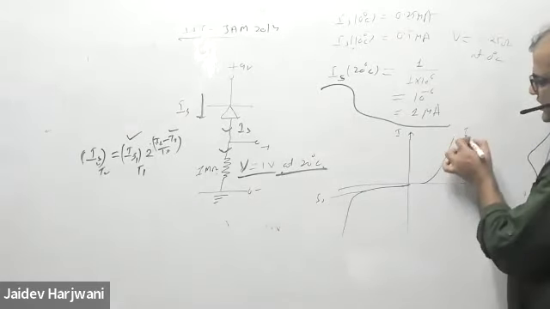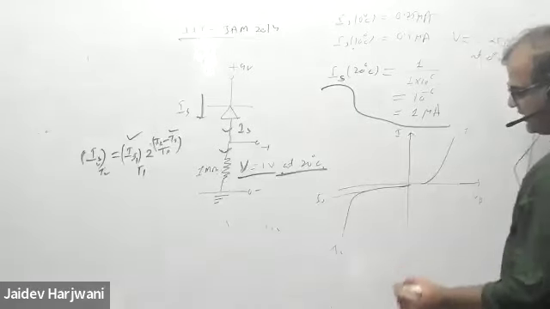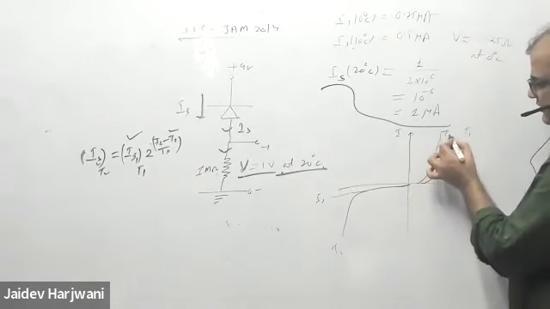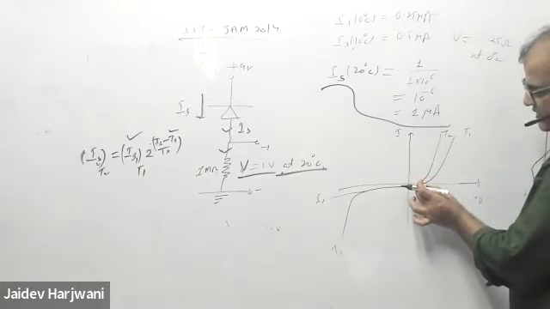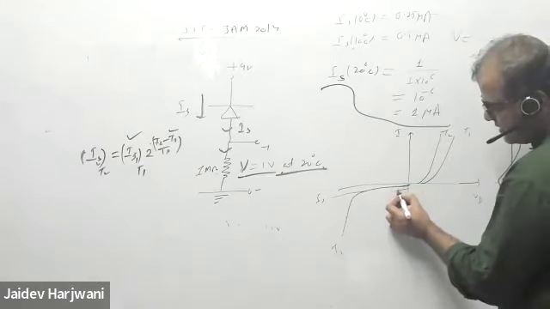If I go to T2, the built-in potential will decrease, but the reverse current will increase.